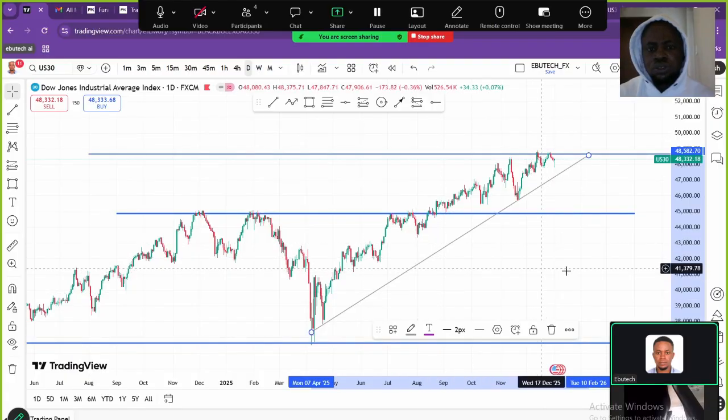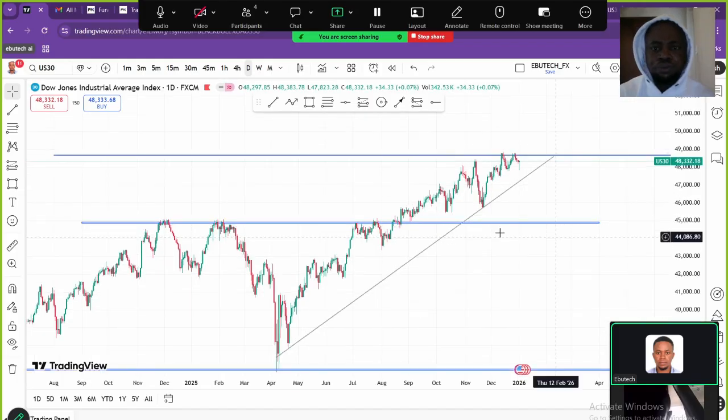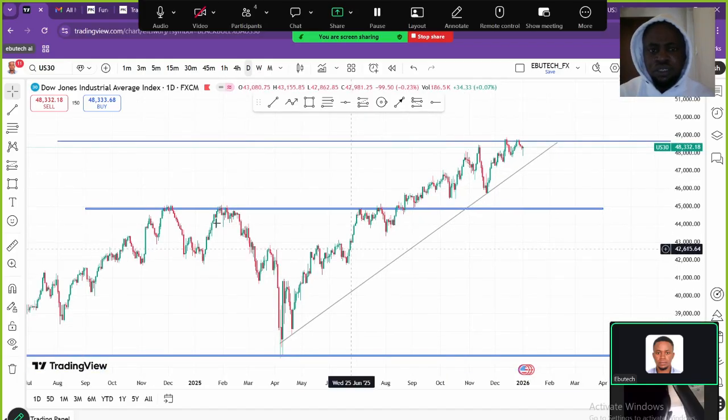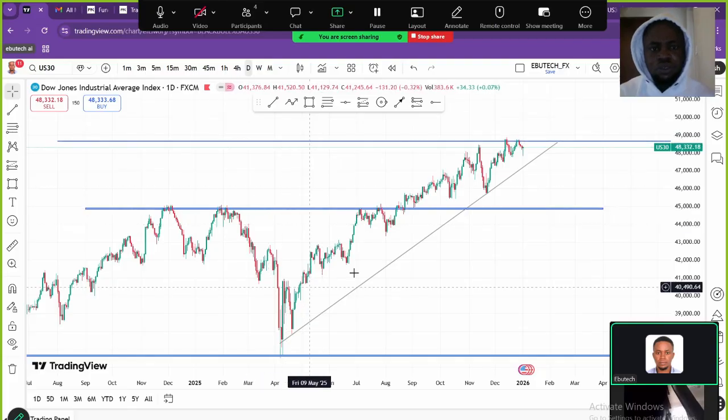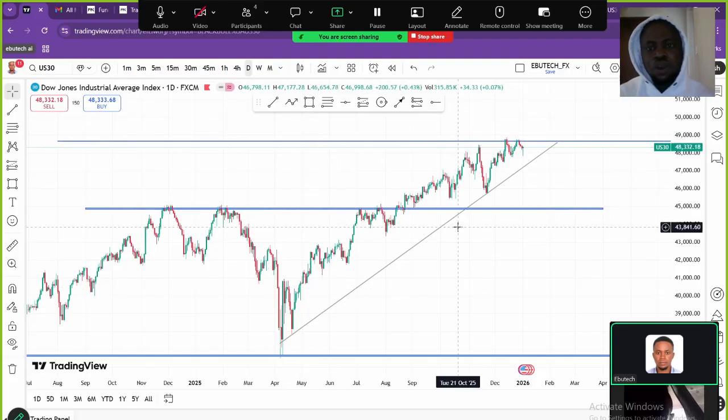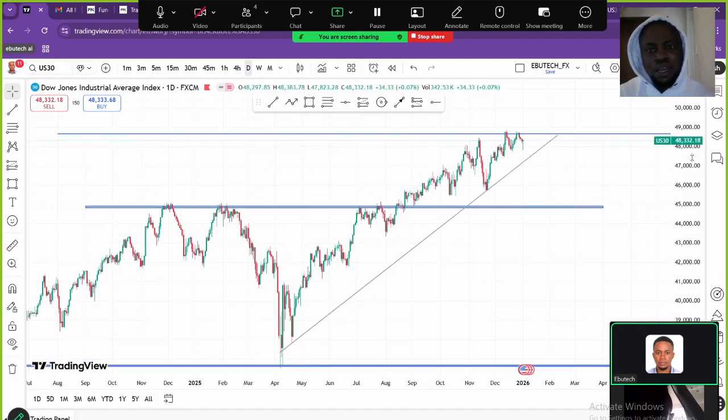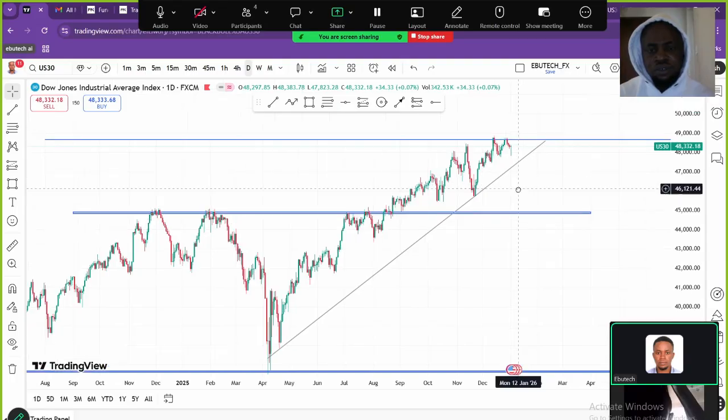So now as a trader, what do we do now? Since we have identified the key levels, we will now have to move to 4 hours. 4 hours is where we'll do the final analysis. You understand?